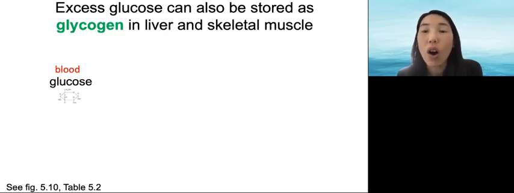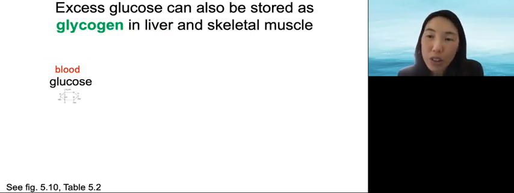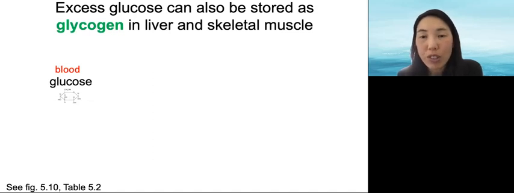Now, not all the carbs you eat and glucose you intake is used for cell respiration, and your cells can't store up single glucose molecules. So, if you overeat your carbs, we have to find a way to store the extra glucose. One way we can store excess glucose is in the form of glycogen.